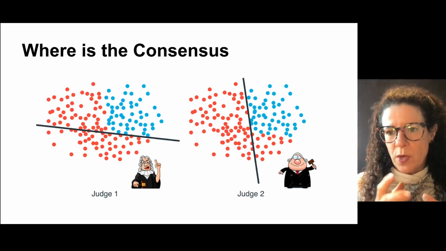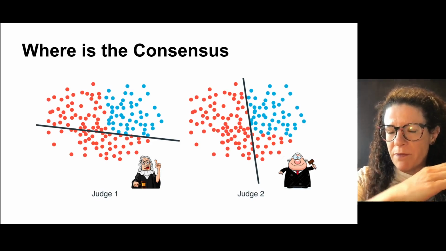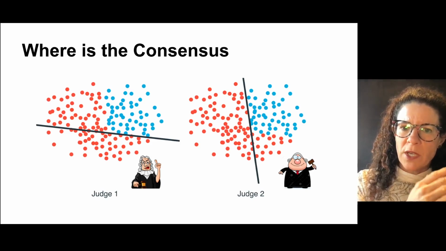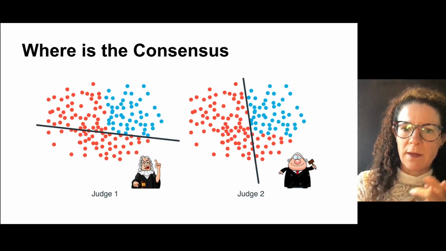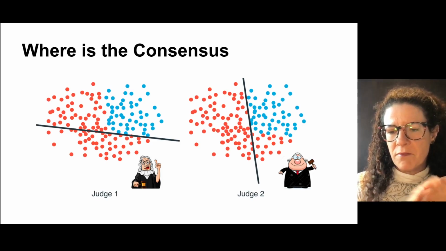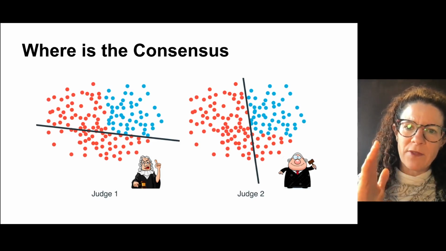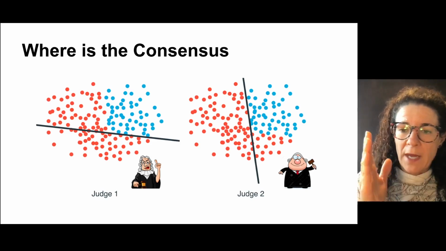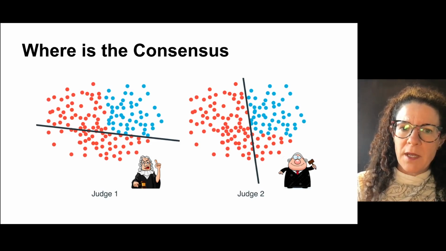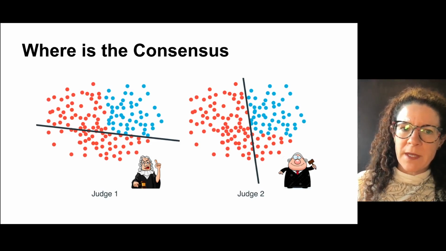The English professor is going to have a particular function or line that he's going to use to define if a student would be admitted or not. And then you have the math professor who thinks that other things are important, and he's going to have a different line that would divide admitted students versus not admitted students.